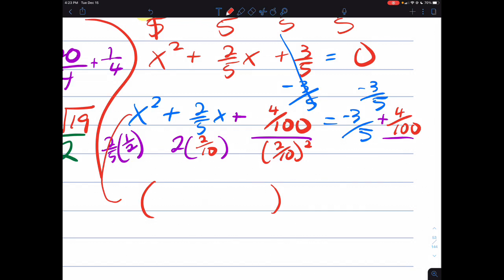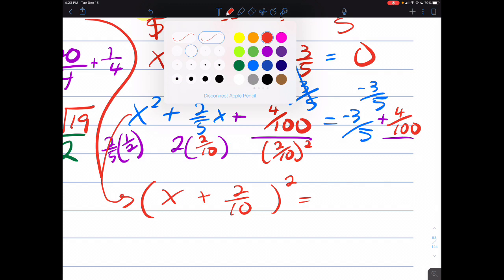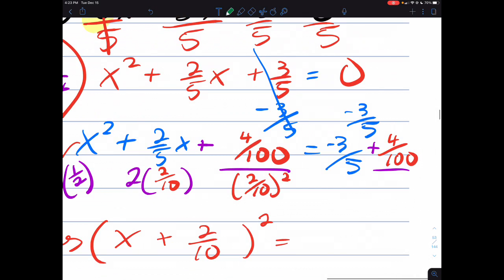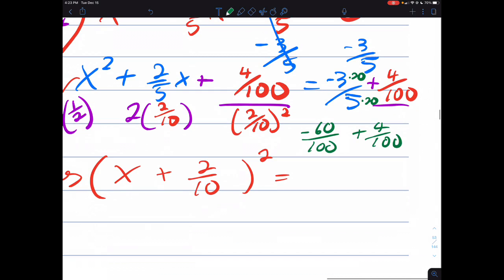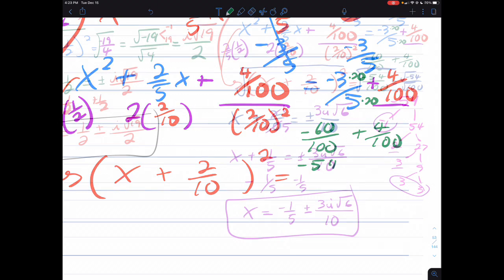Factor, it's going to be x plus 2/10 squared. We need common denominators over here. Change 5 to 100 by multiplying by 20. -60 over 100 plus 4 over 100. Is that going to be -54 over?